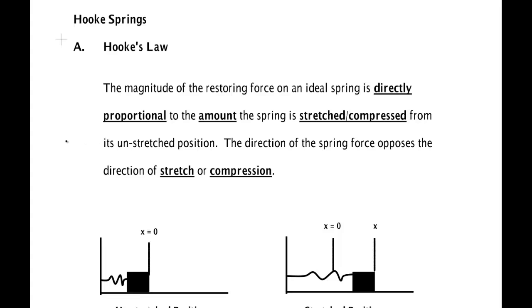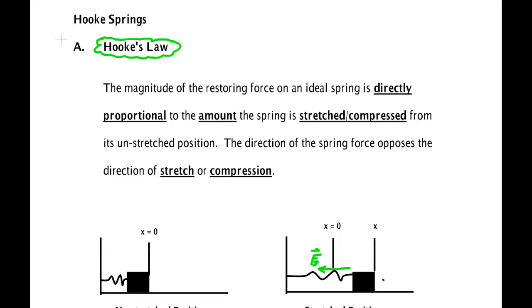Hooke's law, as it's called, was found by Robert Hooke, who was a contemporary of Isaac Newton, although they were certainly not friends. What it says is that if you take a block and attach it to a spring and you stretch that spring, then the spring will apply a force, and that force will try to undo this stretch.